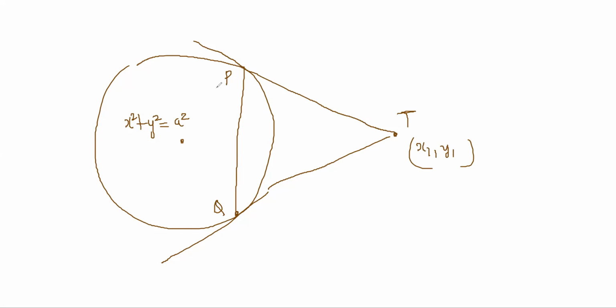Here you are writing the tangent equation with reference to this point. So x x1 plus y y1 minus a square is equal to 0 is the chord of contact.